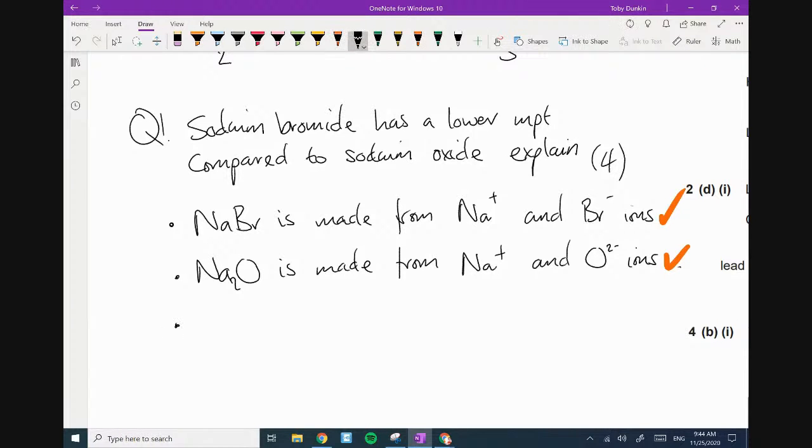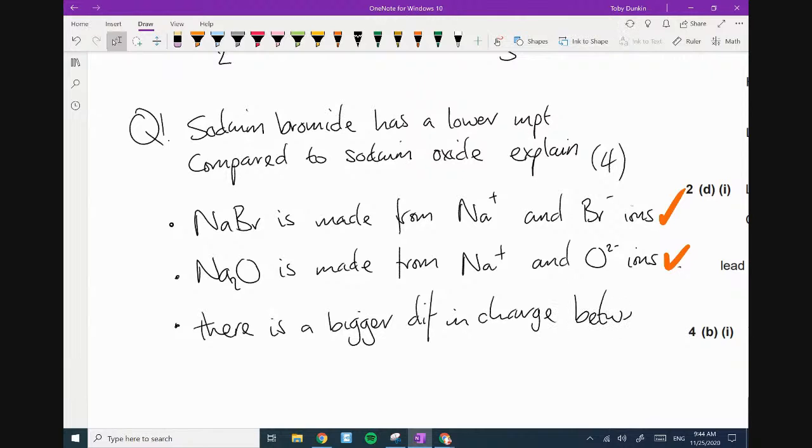Yeah, next one. The difference in charge, no, I'm just going to make it shorter. There is a bigger difference in charge between Na+ and O2-.